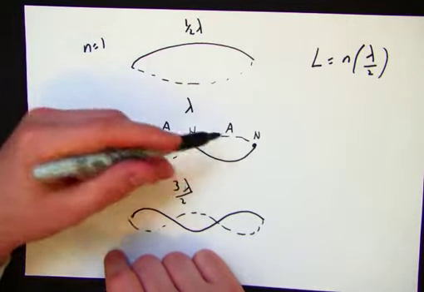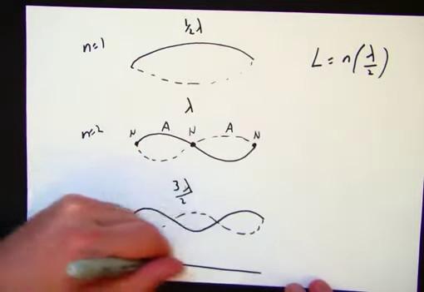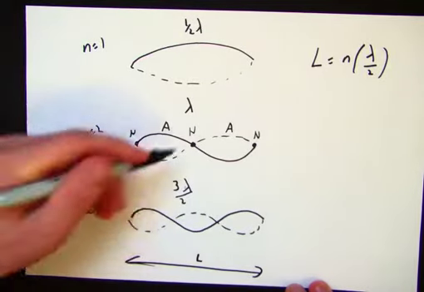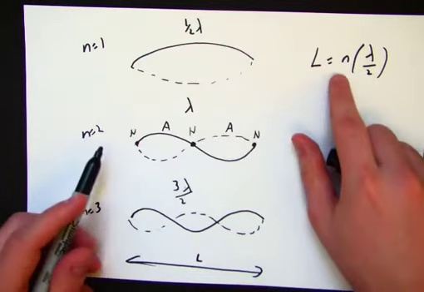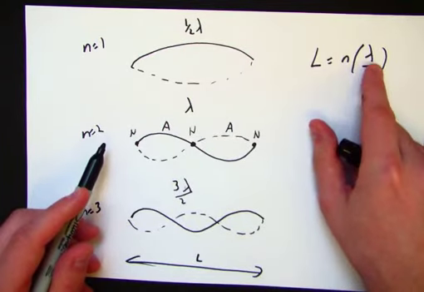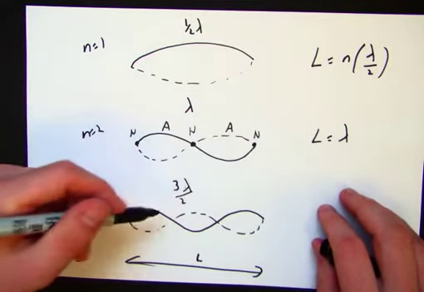This represents L, the length of this string. In other words, I'm just going to draw it down here. There's the length of this string. The length of the string would actually be lambda here. And if I plug it in, I get 2 times lambda divided by 2, and that means that L will equal lambda, which it does.